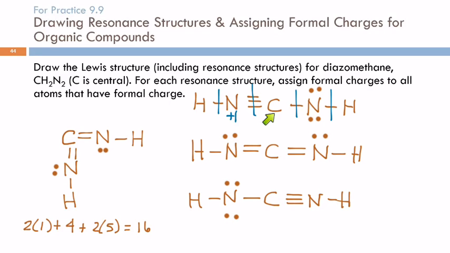Carbon has 4 valence electrons, and in the breakup of this molecule, it would get how many? 4. So that would be 4 minus 4 is 0. So I'm not going to write anything. This nitrogen, 5 minus how many? 6. So this would be -1, and then the hydrogen's going to be 0.